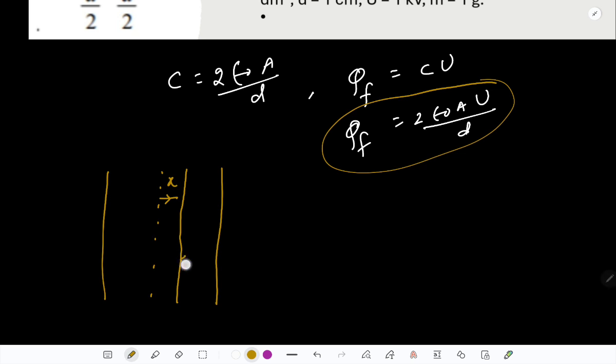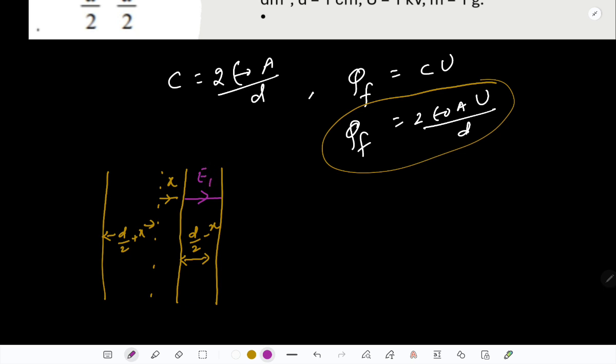So this distance has now become d by 2 minus x, and this distance is d by 2 plus x, and there is an electric field in between metal foil and plate 1 like this.